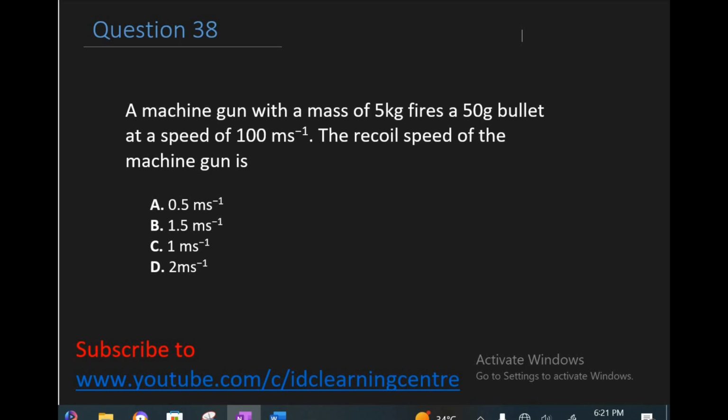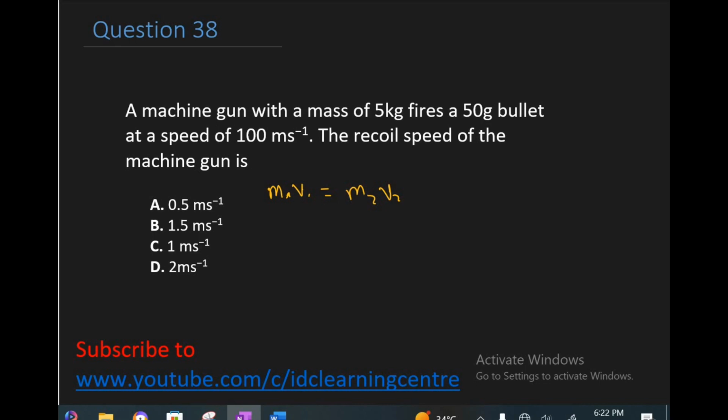Okay, so let's get the data given in the question here. The first thing here we have is a mass of 5 kg. It fires a 50-gram bullet at a speed of 100 meters per second. We're going to be using this formula: m1 v1 equals m2 v2.